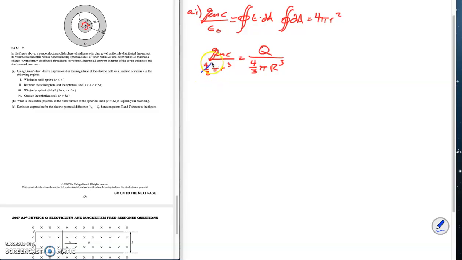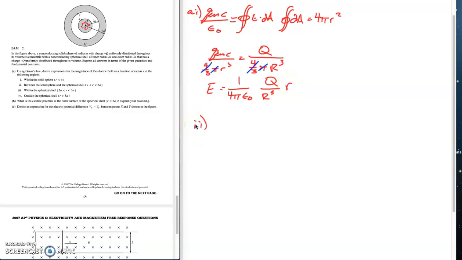Now we can cancel out these constants, and substituting for Q enclosed and for the area and rearranging, we get the electric field to be 1 over 4 pi epsilon naught Q over R cubed, and then this r cubed and that r squared cancel, and we get just plain r.